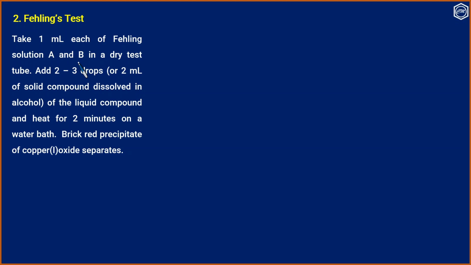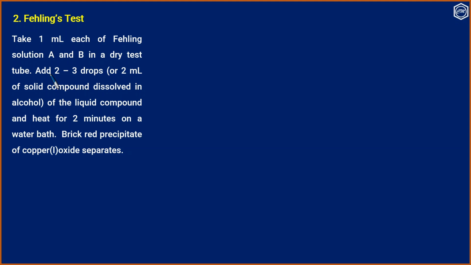Fehling's reagent is freshly prepared by mixing equal amounts of Fehling solutions A and B. This is because Fehling's reagent deteriorates on keeping, while Fehling solutions A and B are quite stable.